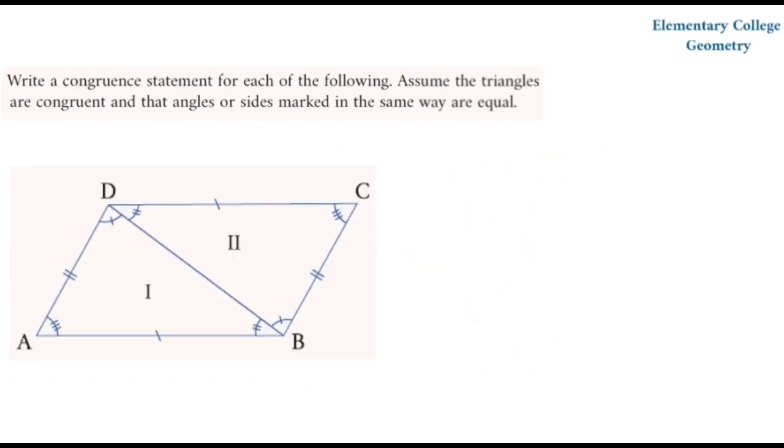The next figure, in this figure we write all the equal sides and angles for the two triangles of DCB and DAB.